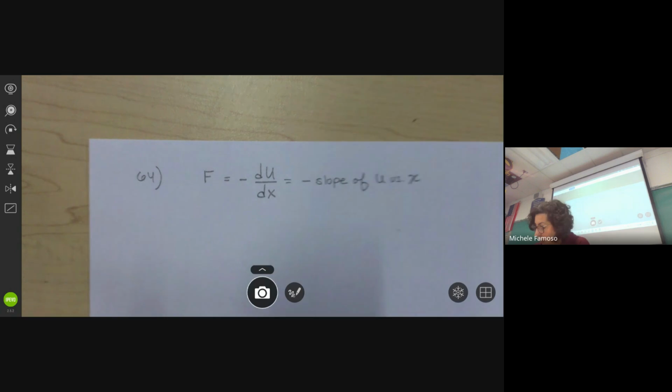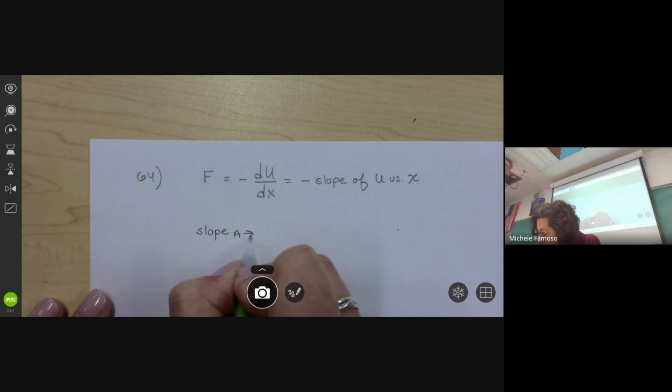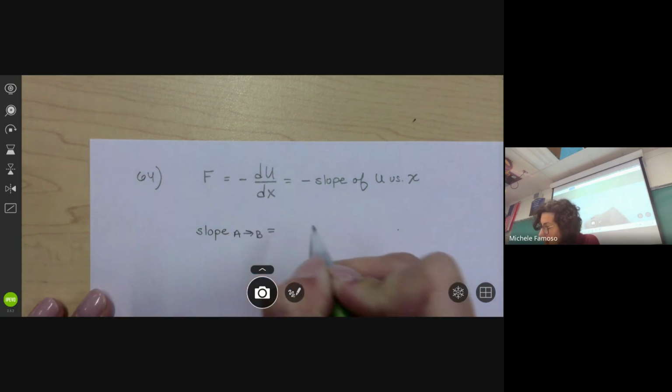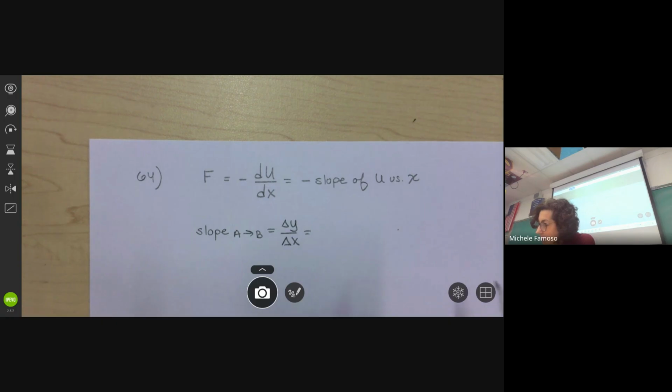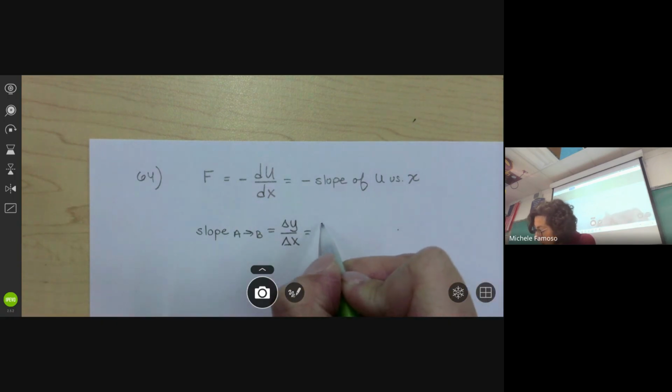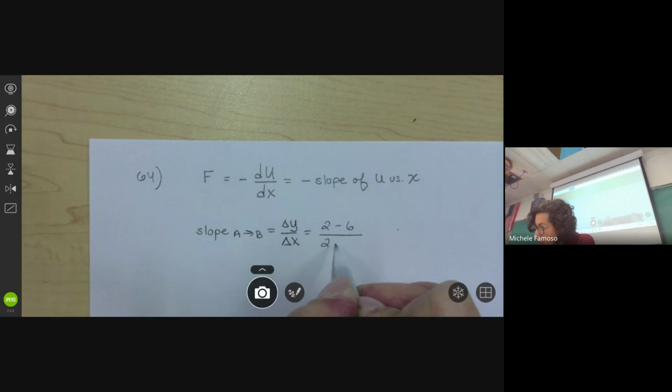Let's do that. What is the slope from A to B? I'm going to do the change in the Y over the change in the X. From A to B, my Y value ends at 2 and starts at 6. The X is ending at 2 and starting at 0.